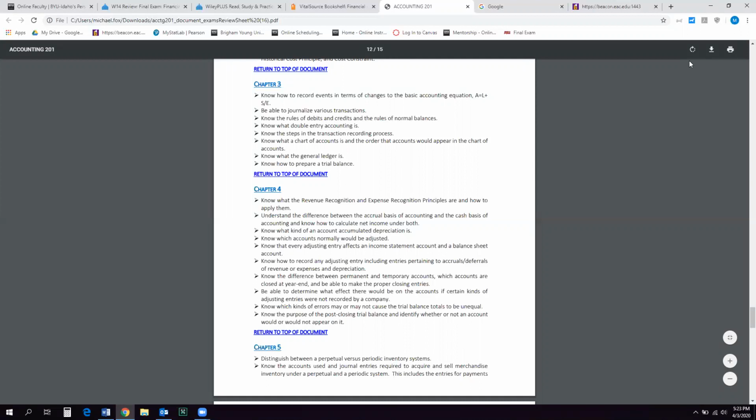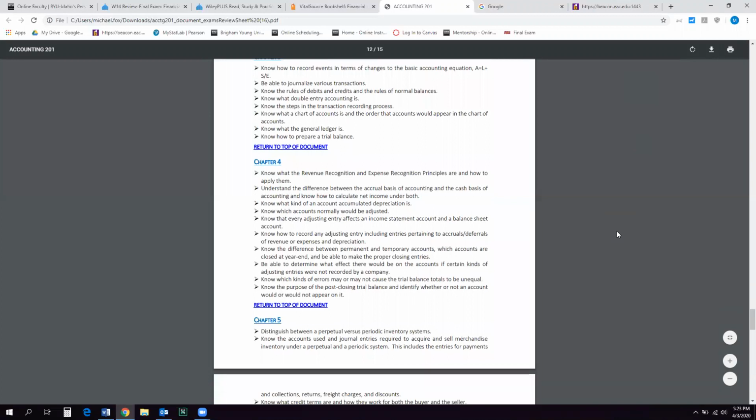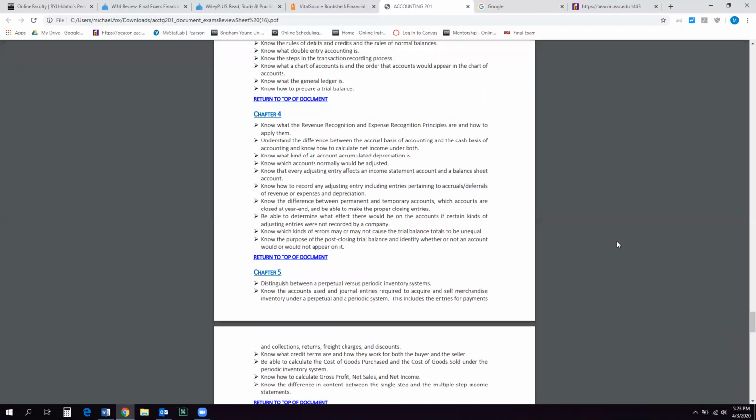So number 2 is understand the difference between the accrual basis of accounting and the cash basis of accounting, and know how to calculate net income under both. So recognize that under accrual-based accounting, like I just said, our revenues will be recognized in the periods that we earn the revenue, and our expenses will be recognized in the periods when we incur the expense.